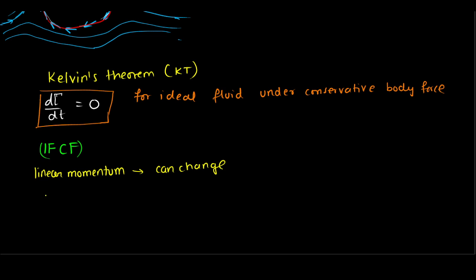Then we talk about angular momentum, which gives you a sense of how the particle is rotating about a point. The angular momentum in this case cannot change. This is the important thing to note: the angular momentum of an ideal fluid under conservative body forces cannot change. This we can prove mathematically, but we don't care about the proof right now. We just want to see the concept. So the angular momentum of an ideal fluid acting under conservative body forces cannot change. This is by Kelvin's theorem, and this is one thing to note.